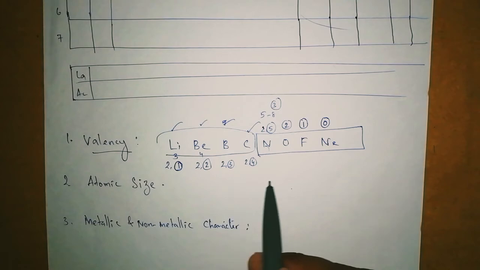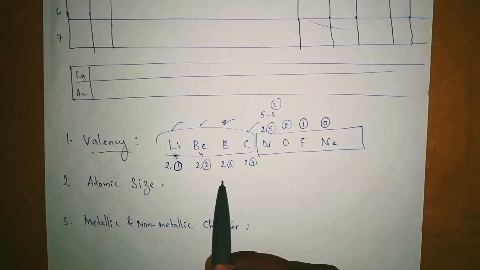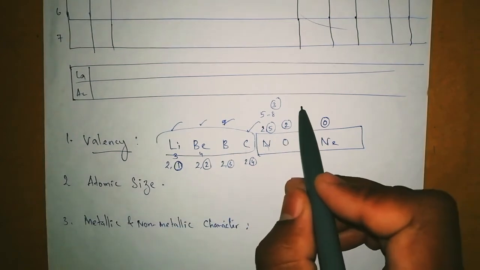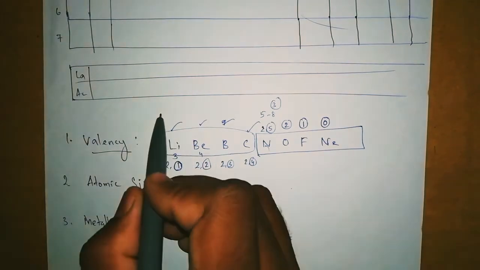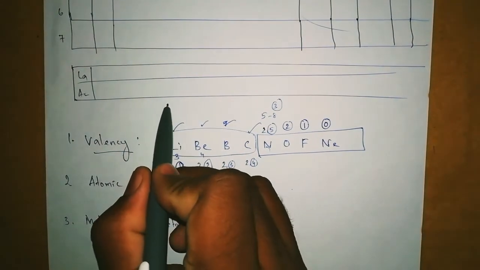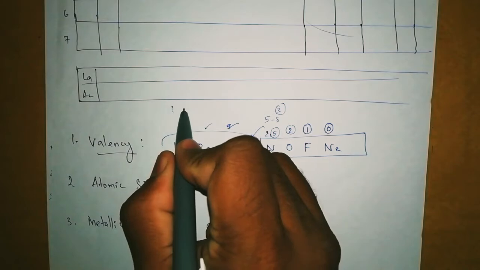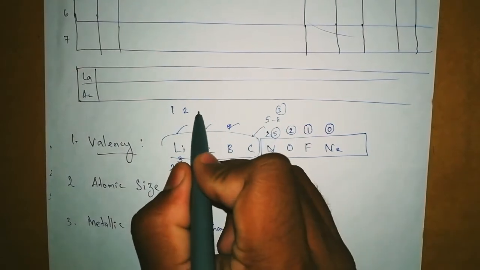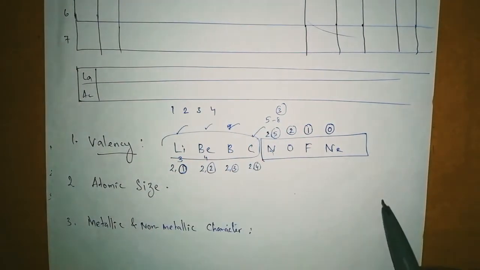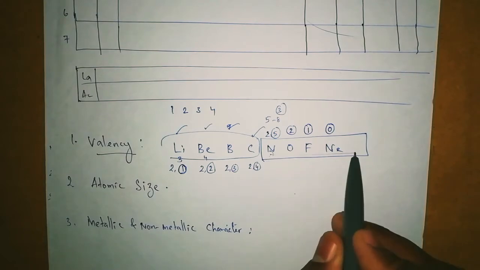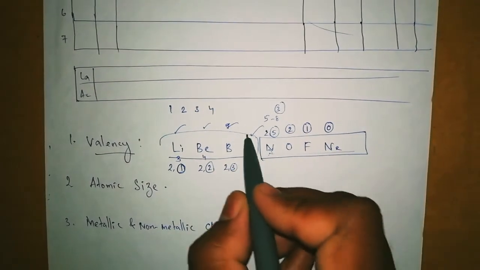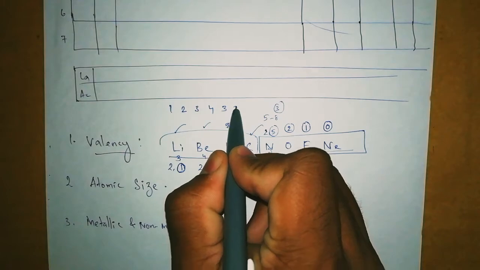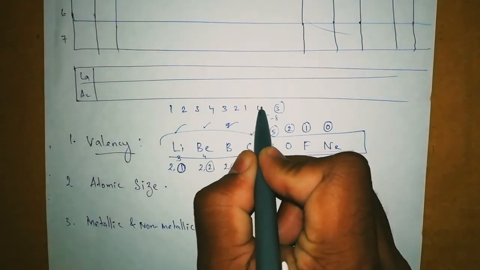If you watch all these valencies carefully, they start to increase and then they start to decrease, right? Lithium valency is 1, beryllium valency is 2, boron valency is 3, carbon valency is 4. But when you look at the next 4 elements, it comes 3, 2, 1, 0.